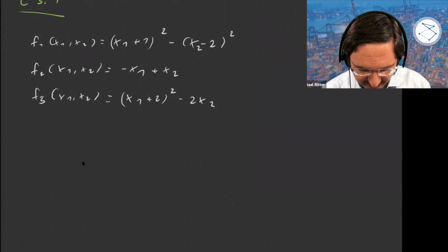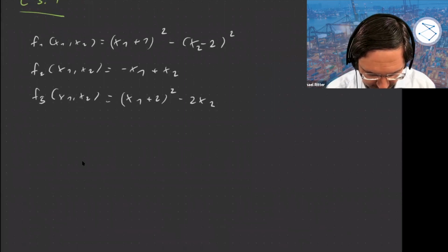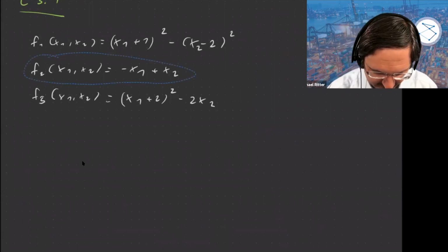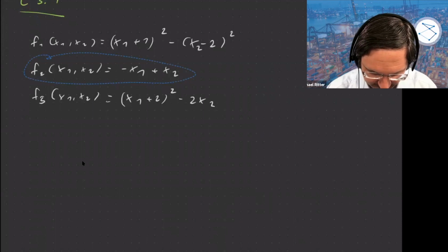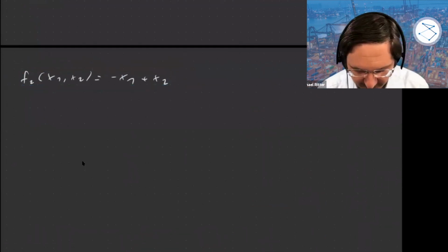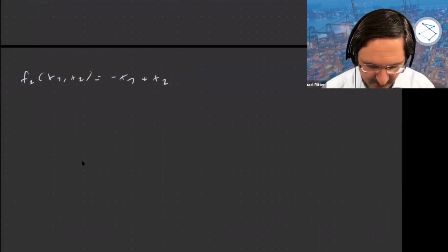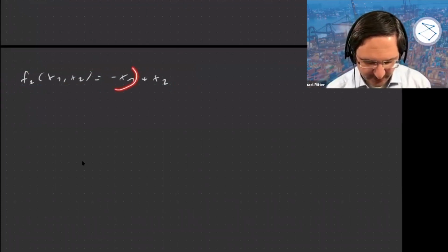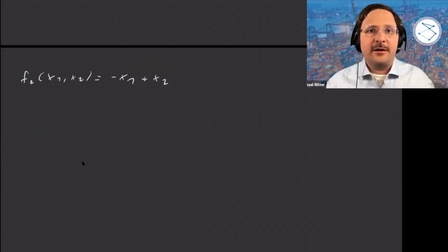Now for the second one, this one here, that's probably the easiest of all. If you look at that one, you can see it has an x1 term and an x2 term. One is negative, one is positive, and they are linear.